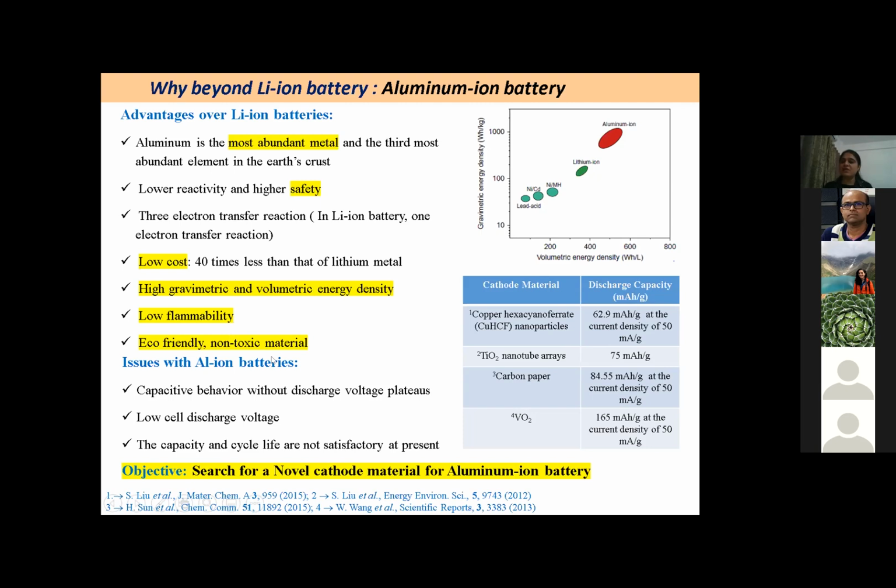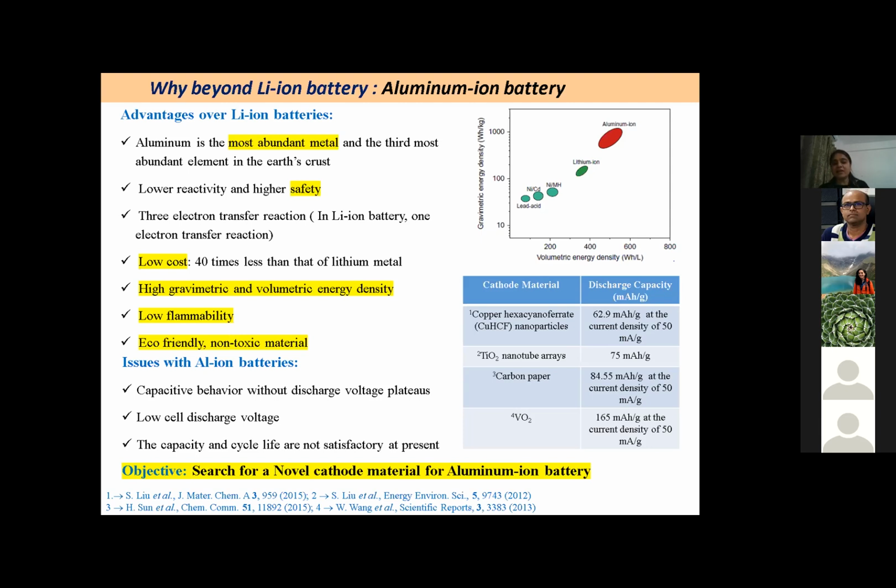If everything were good, you could have done everything. So the major issue is capacitive behavior without a discharge voltage plateau. I'll show the charging and discharging features of the battery afterwards. With capacitive behavior, ions go to the electrode and simply adhere there; they don't need to intercalate into the electrode system.